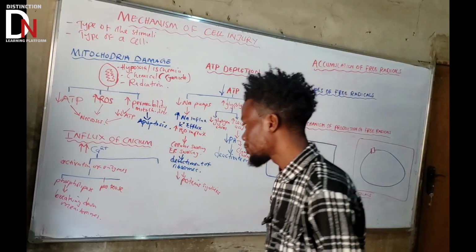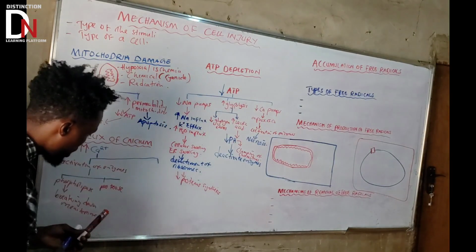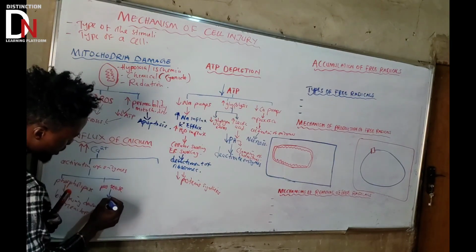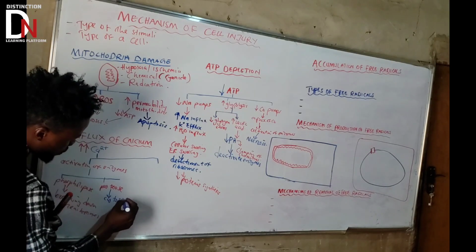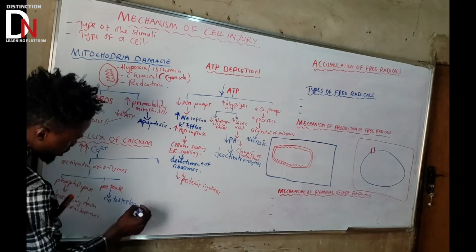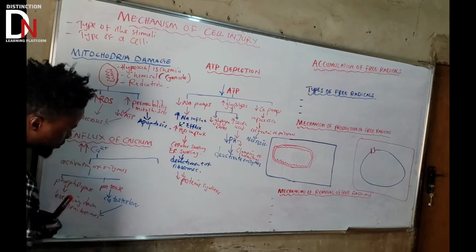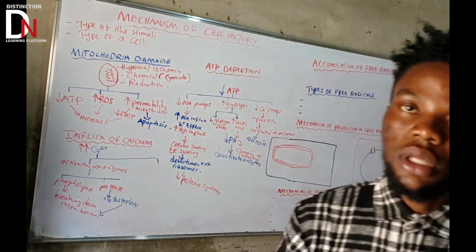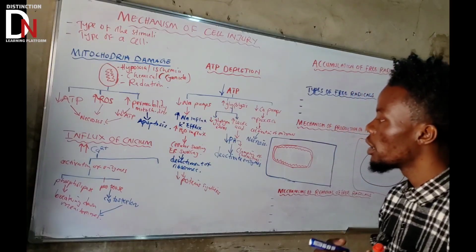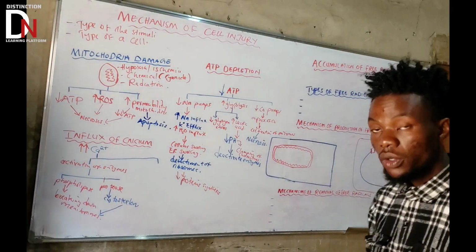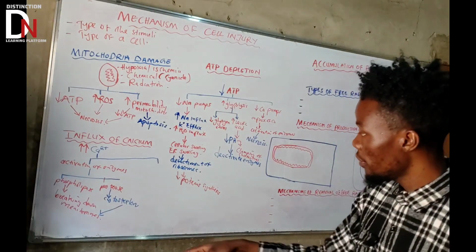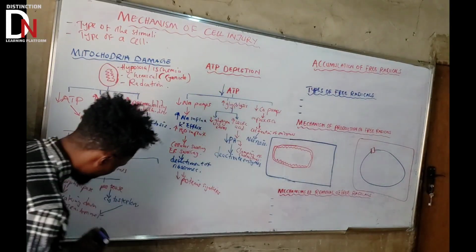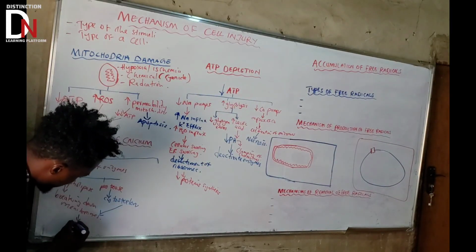So what are we saying? This one breaks down the cytoskeleton. Then if it is breaking down the cytoskeleton, it will break down the cell membrane, leading to necrosis.